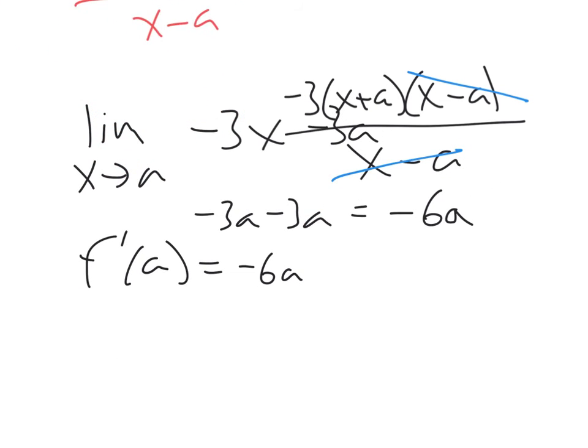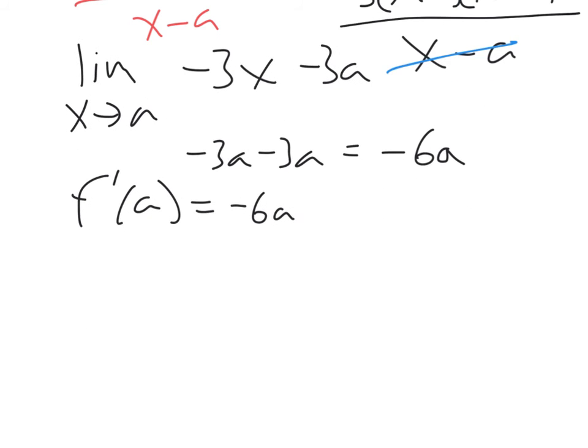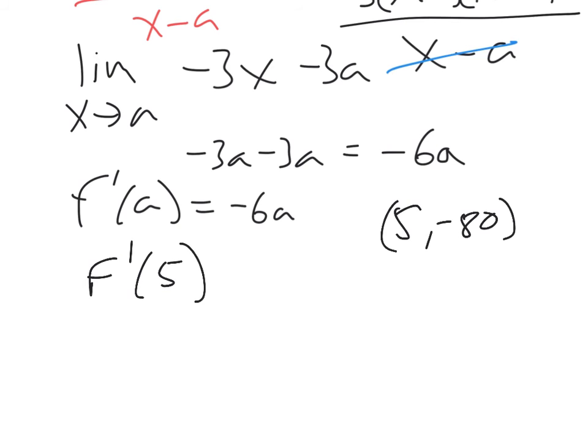I want to find the slope at the point on this curve of 5, negative 80, is what MyLab gave me. So what's f prime of 5? Well, that's going to be negative 6 times 5, which is negative 30.